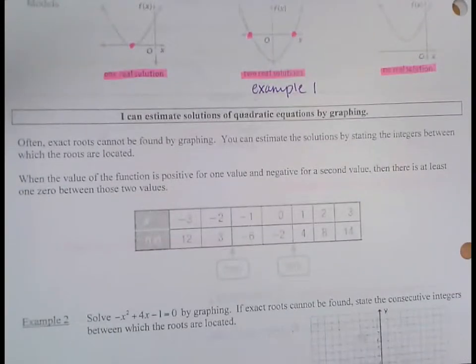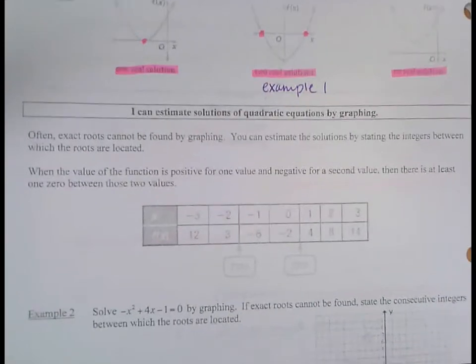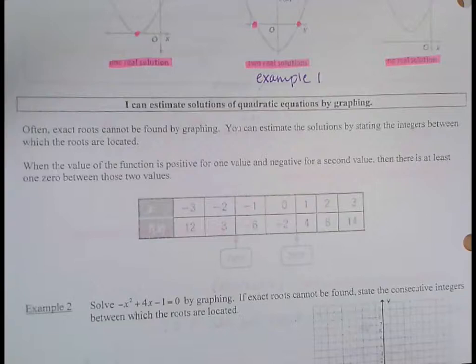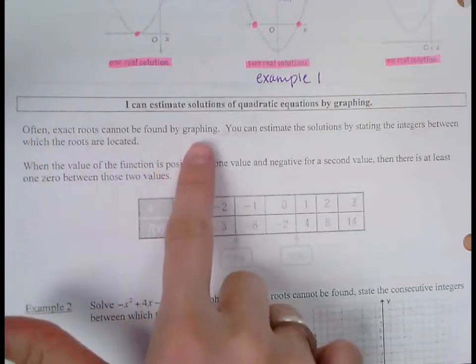So what could happen, this next part is estimating solutions. So what could happen is, say the example we just did, when we substituted in 4, it wasn't 0. So sometimes you can't find an exact root by graphing. That's what's explained here.